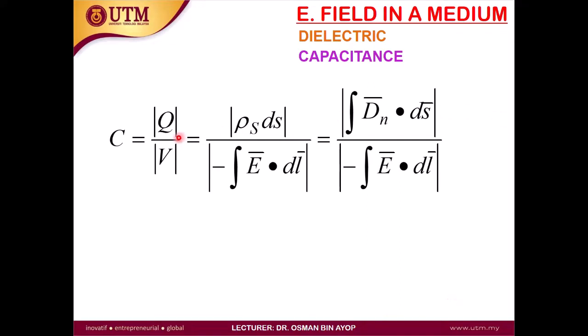Since capacitance C equals Q divided by V, we know that Q is equal to the integral of rho S dS, and V is equal to the integral of E dot dl. And then we can further expand rho S to be D dot n.